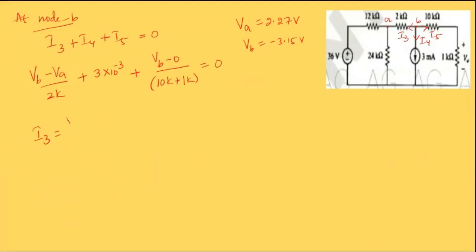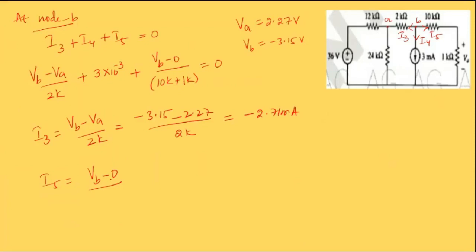So I3 is (VB minus VA) by 2K. So that is equal to (minus 3.15 minus 2.27) divided by 2K, whose value is minus 2.71 milliamperes. Similarly, I5 is (VB minus 0) by total 10K plus 1K, that is 11K. So it is equal to minus 3.15 divided by 11K, which is minus 2.86 into 10 power minus 4 amperes.